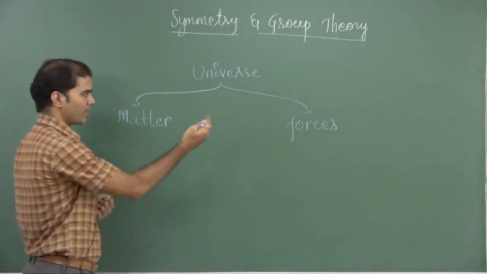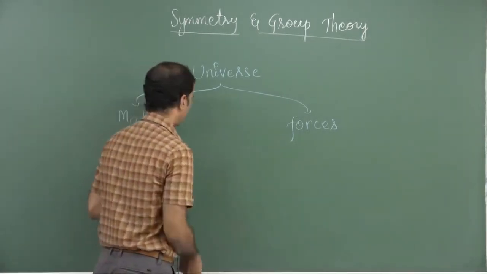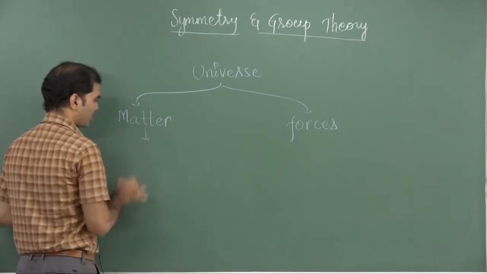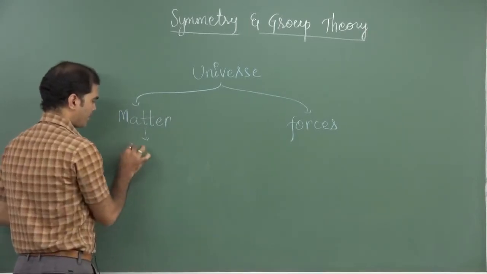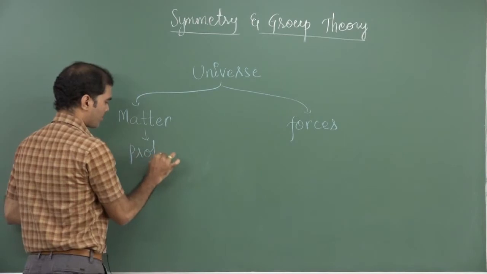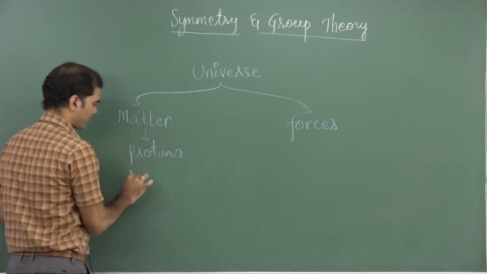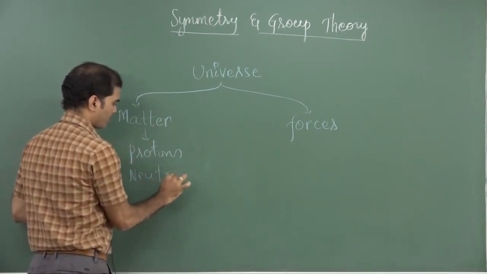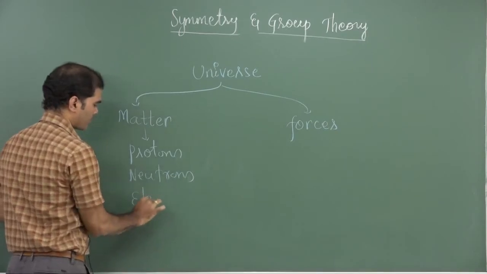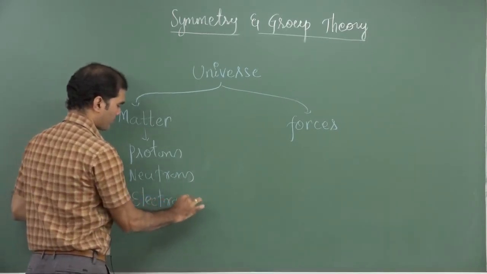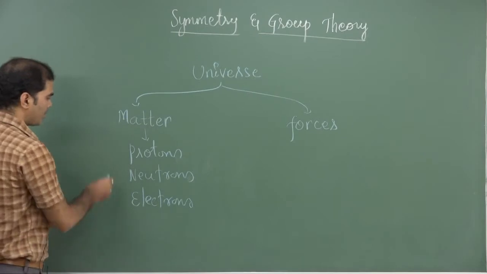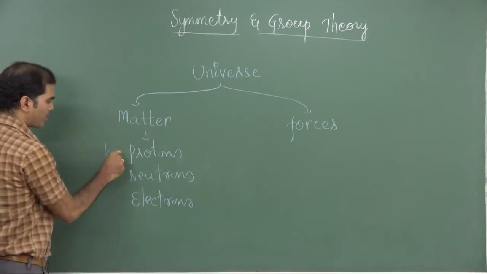We are not speaking about the forces, it is not our part. Suppose I consider matter, this matter is made up of either protons, neutrons, or electrons. All these are spin half particles.